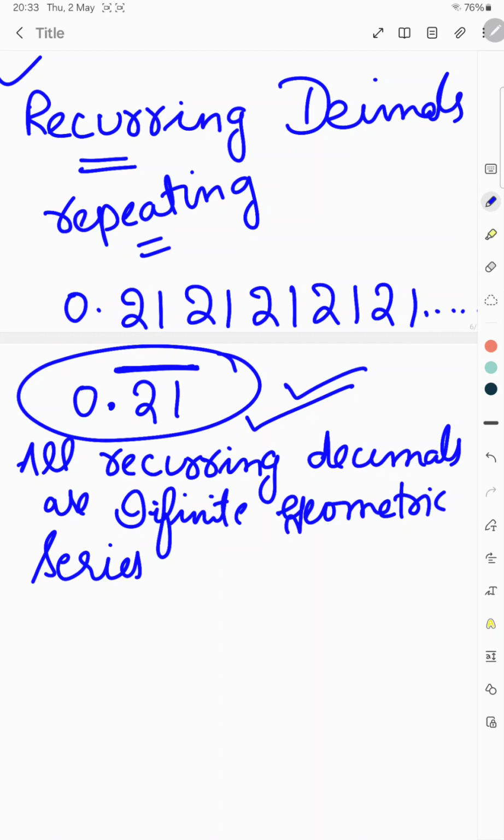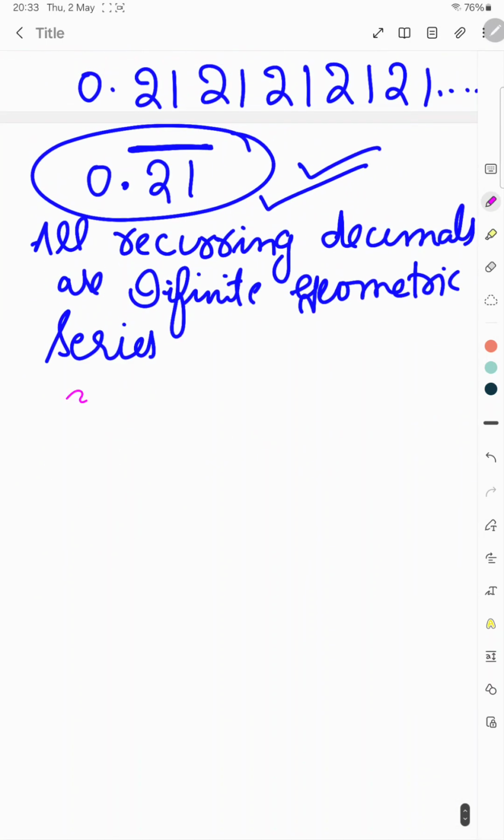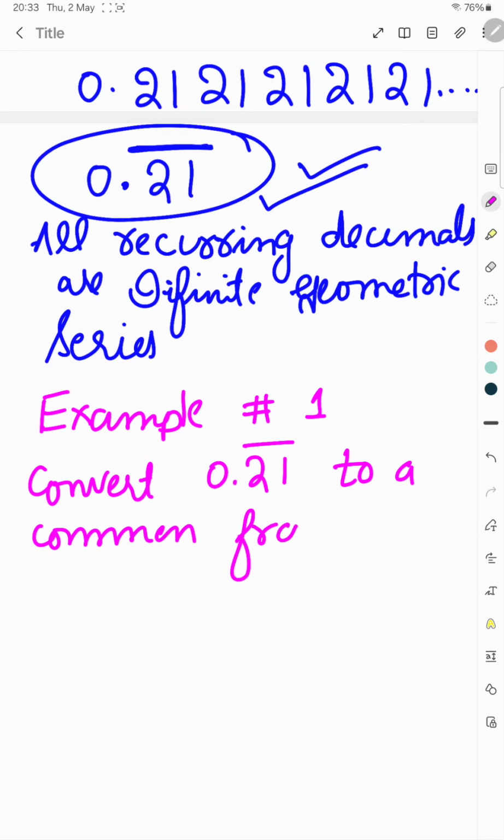Okay student, now I will go further and solve an example for you, so we know how we will solve these types of questions. So the example is: convert 0.21 bar to a common fraction. Here it is given that we just convert this recurring decimal to a common fraction.